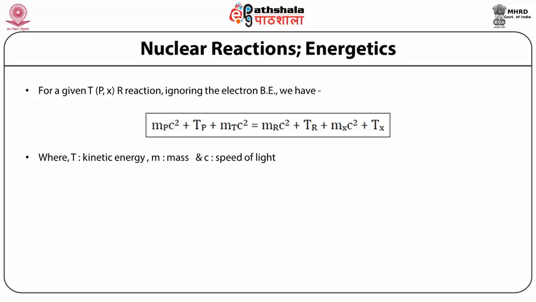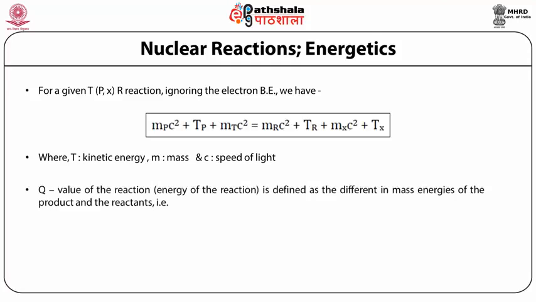What does this mean? For a given reaction in which particle p is being bombarded on target T and reactant R is produced along with the emission of a light particle like x, the total energy conservation law will give you this equation. The Q value of the reaction, also called the energy of the reaction, is the total energy involved in the reaction.